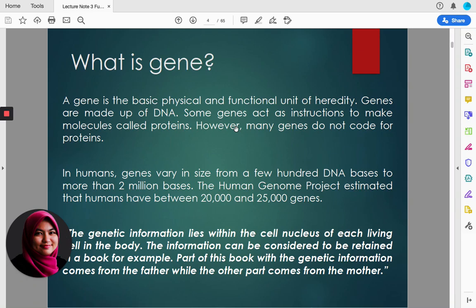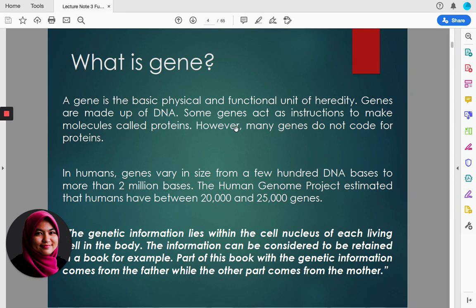In humans, genes vary in size from a few hundred DNA bases to more than 2 million bases. The Human Genome Project estimated that humans may have between 20,000 and 25,000 genes in their body. The genetic information lies within the cell nucleus of each living cell in the body.